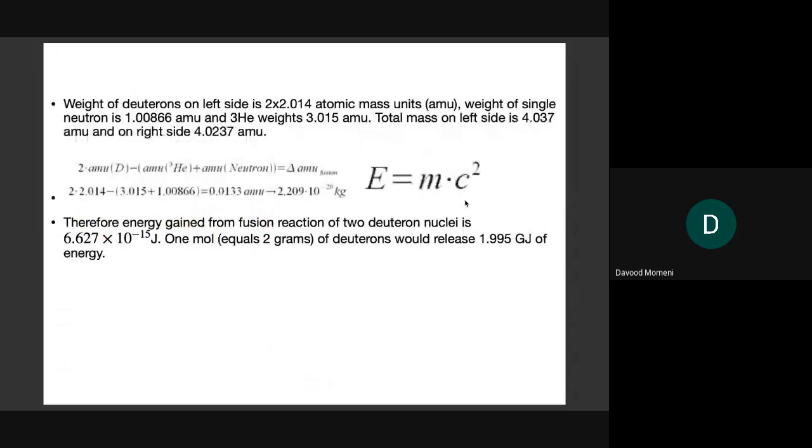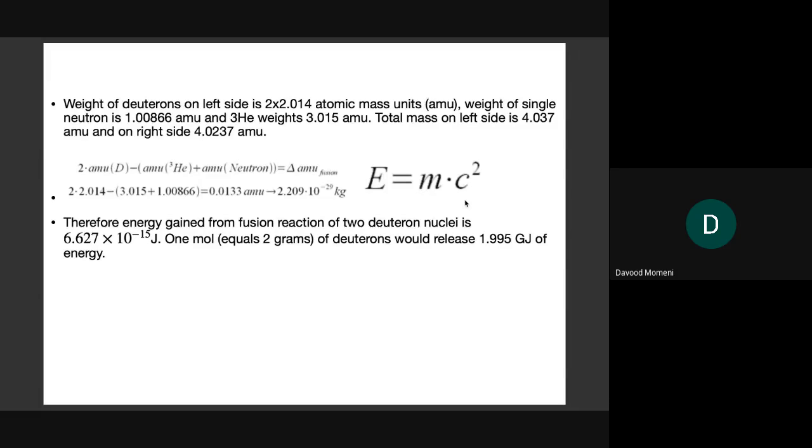The atomic mass of the neutron is 1.00866 atomic mass unit, and the helium-3 weighs 3.015 atomic mass unit. So the total mass of the left side is 4.028, as you see, and the right side is 4.0237.